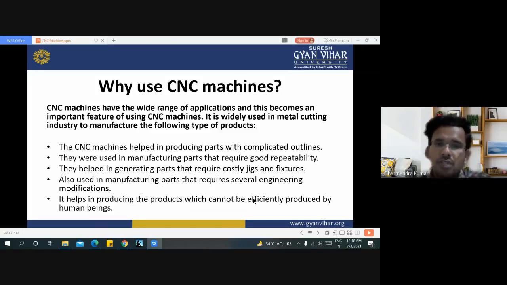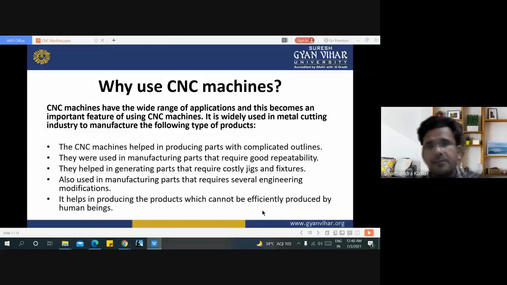They were used in manufacturing parts that require good repeatability. They helped in generating parts that require costly jigs and fixtures. They are also used in manufacturing parts that require several engineering modifications. They help in producing products which cannot be efficiently produced by human beings.